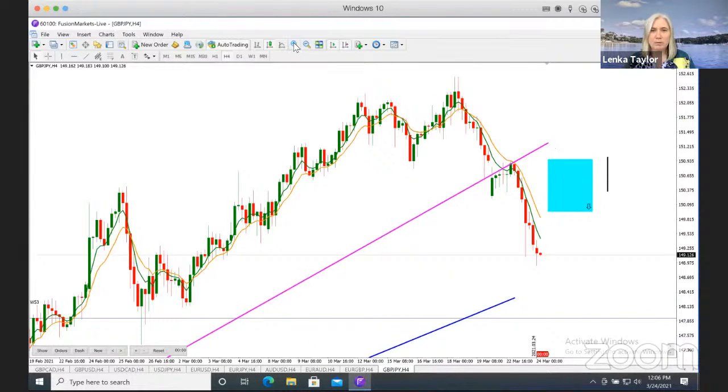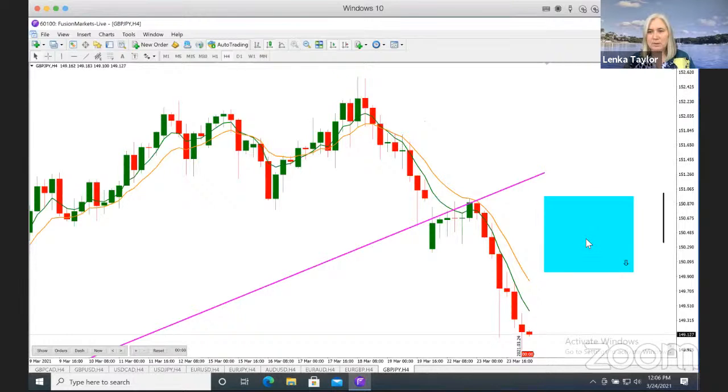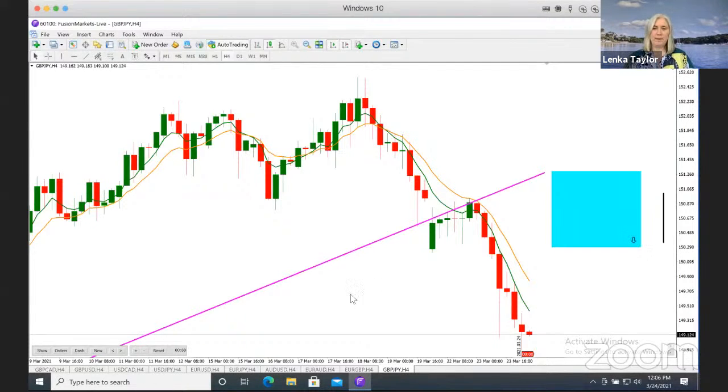And then would be looking for a short at that point, because we don't like to chase. We want to take something with a higher probability of getting us some profits.